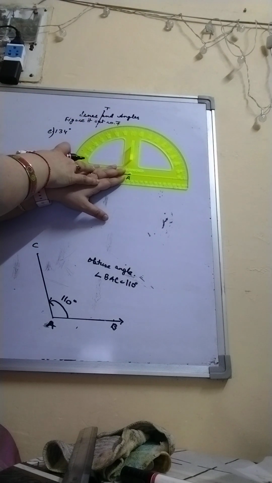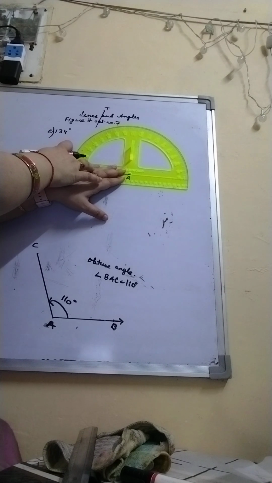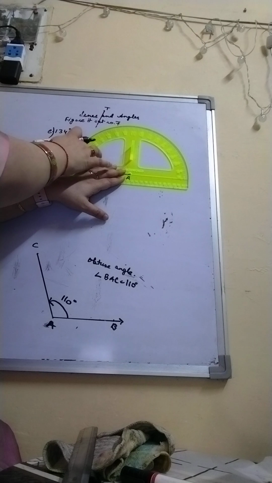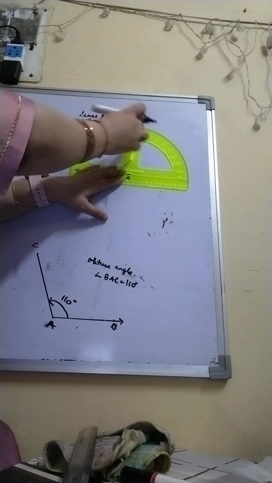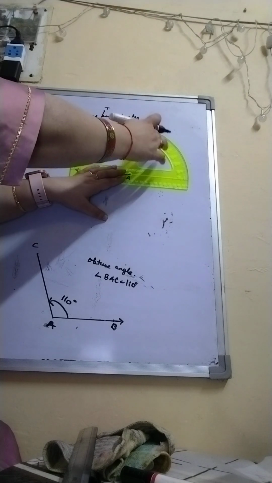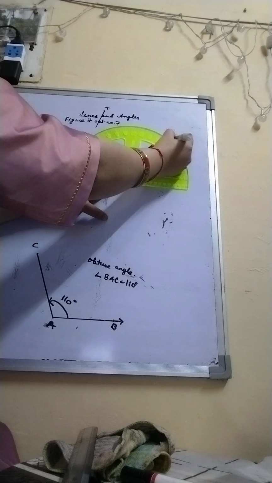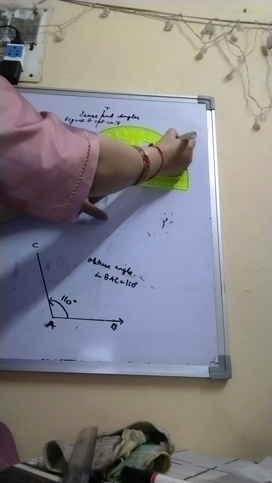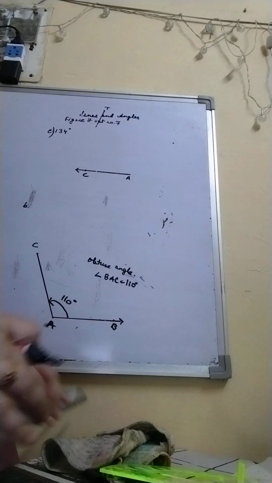Now zero reading is inside, I mean inner reading. So 0, 10, 20, 30, 40, 50, 60, 70, 80, 90. After 90 you will go to 100 and then 110, 120, 130. After 130 you have to count 4 lines and you get 134.